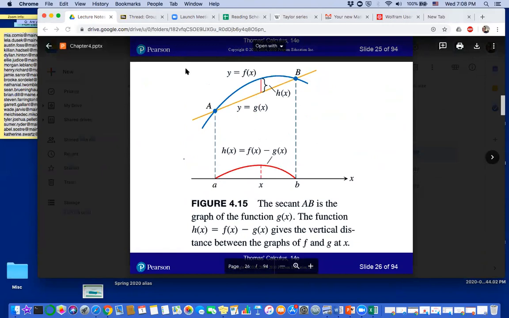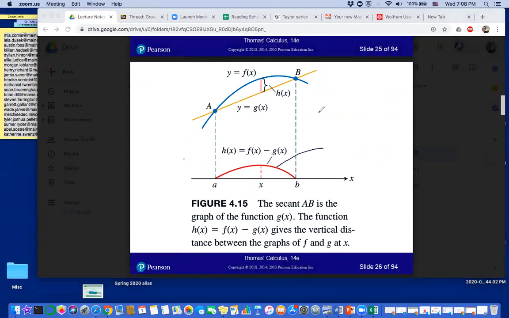For h, which is the difference, I have h of a equal to h of b, as Rolle's theorem demanded. h is continuous on a, b, and differentiable. Actually, all the theorem requires is that it be differentiable on the open interval.